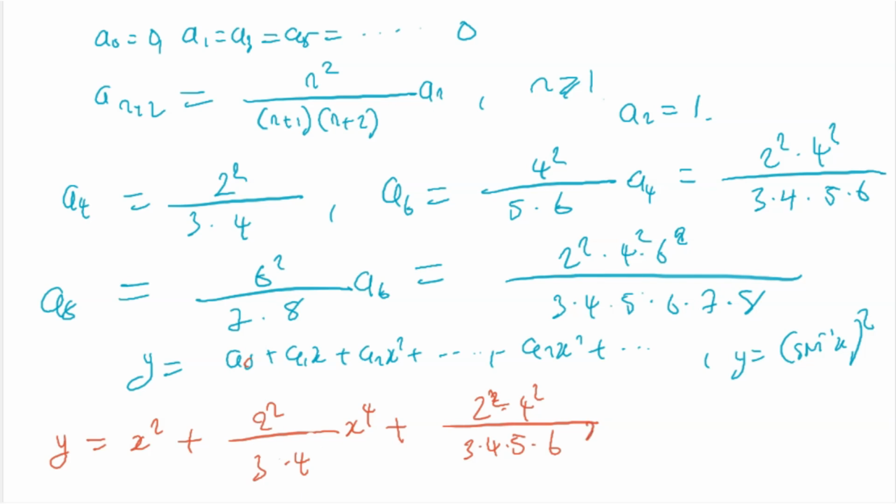So that will be x to the 6th power, plus a sub 8, this will be 2 squared times 4 squared times 6 squared all divided by 3 times 4 times 5 times 6 times 7 times 8, right? x to the 8th power. Then we add it up until infinity, and from this formula we know the pattern in the coefficients.